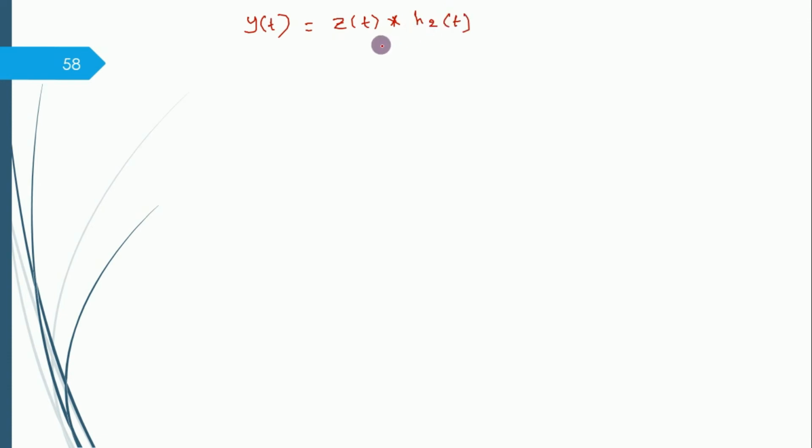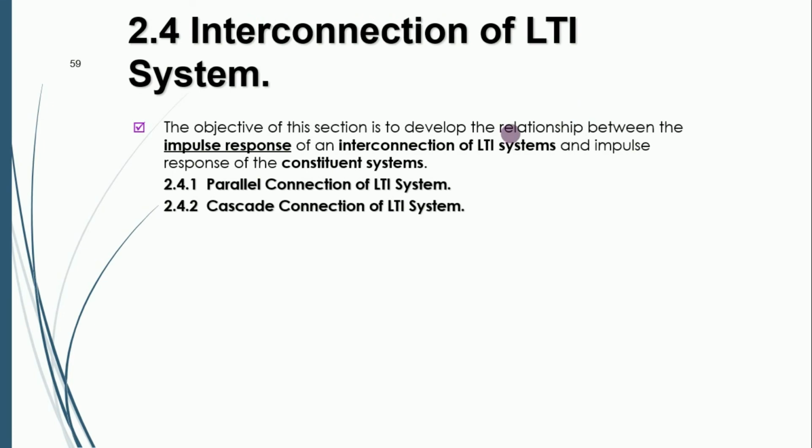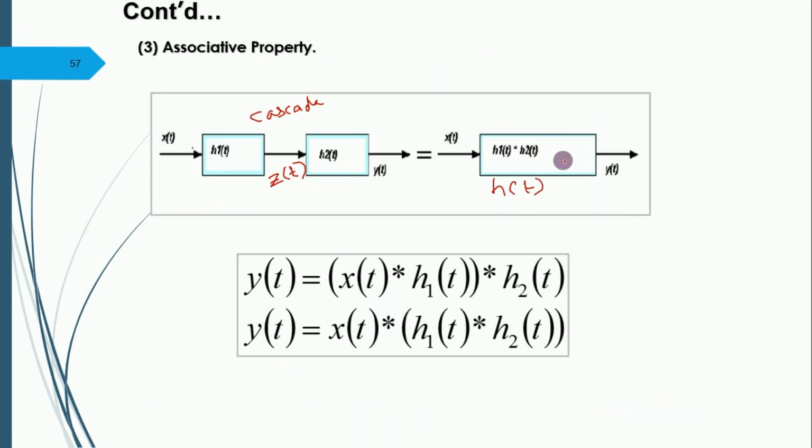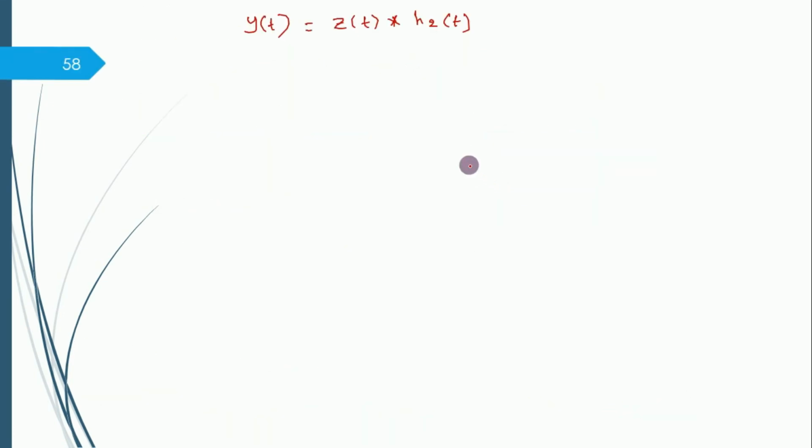I start from here and I prove that it is equivalent to the second diagram, that is this diagram, where y of t is equal to x of t convolved with h of t. So first I apply the formula: integration from minus infinity to plus infinity, z of tau, h2 of t minus tau, d tau.